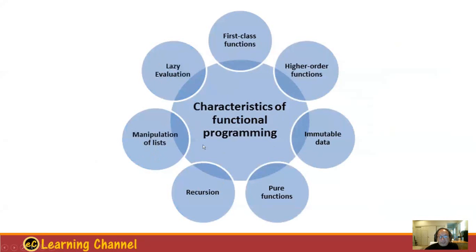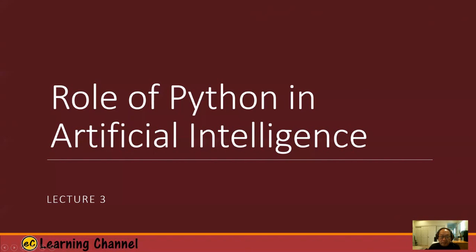Python has most of them or all of them in its functional programming features. So that's why we use Python as a pilot language to do artificial intelligence and also the generic data structure and algorithm study.